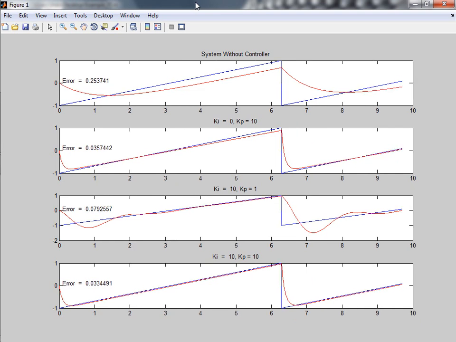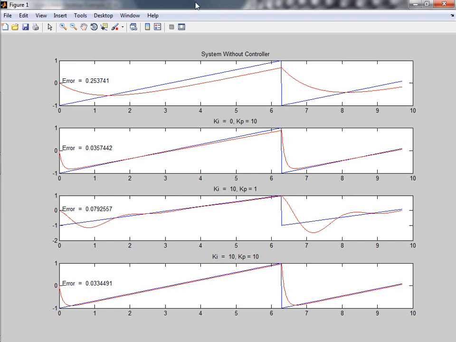I can't solve this issue without the integral controller. If I have a larger gain for the integrator compared to the proportional controller, I will add overshoot or oscillation to the system, make the system oscillatory, which is not good.